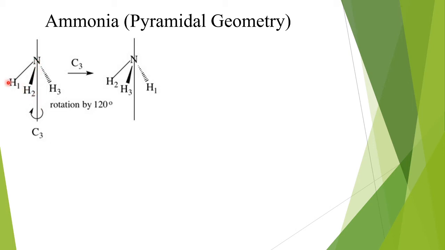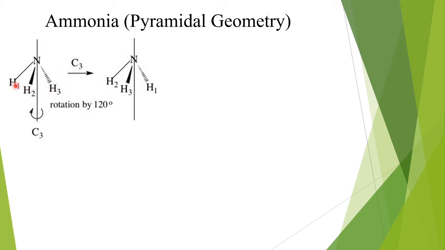Here you can see it is written as H1, H2, H3. This is just for our reference. Otherwise, all the 3 hydrogens are the same. While rotating, we should know where the change is.